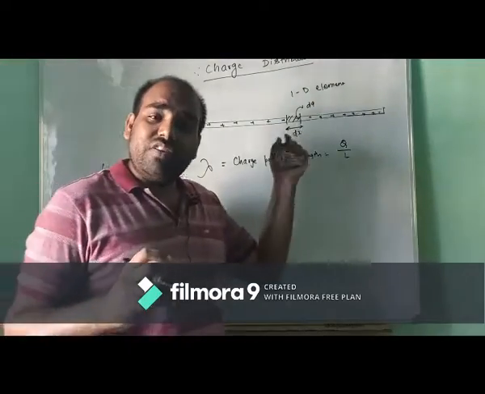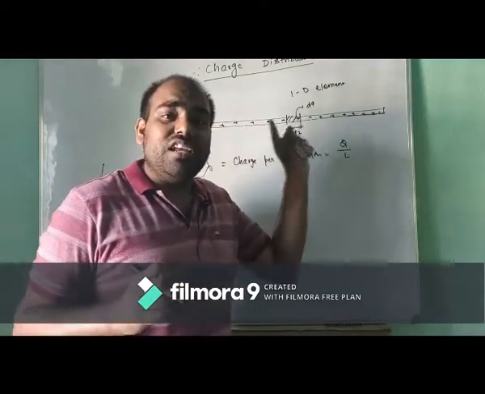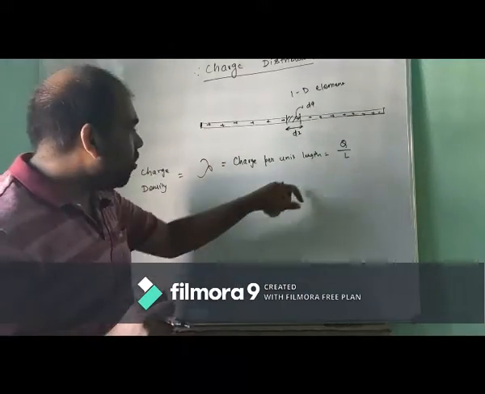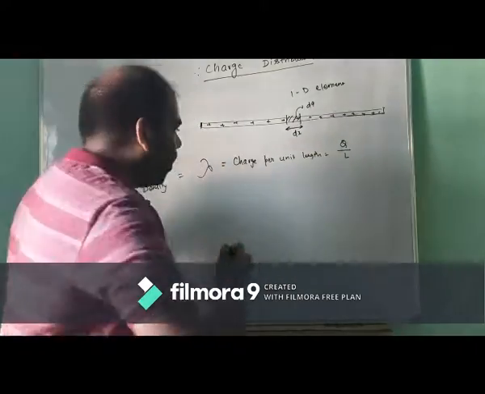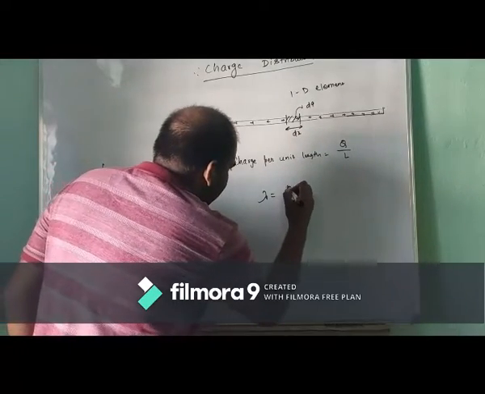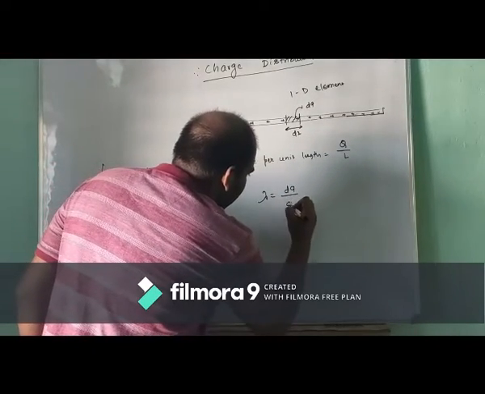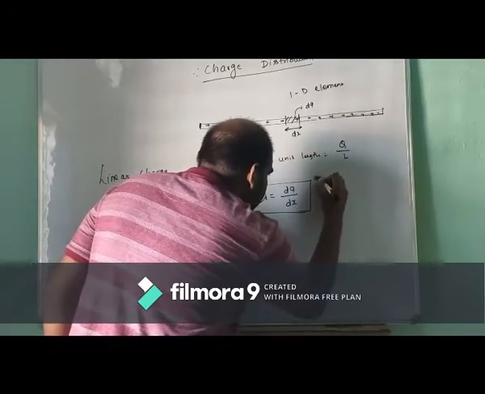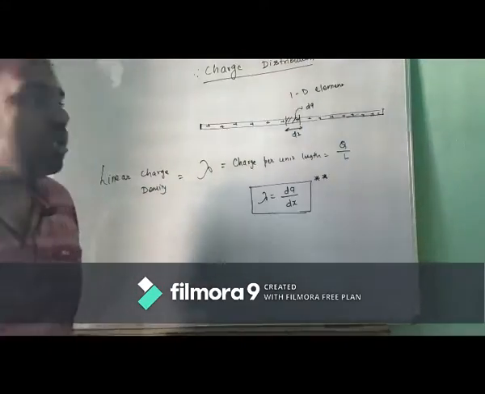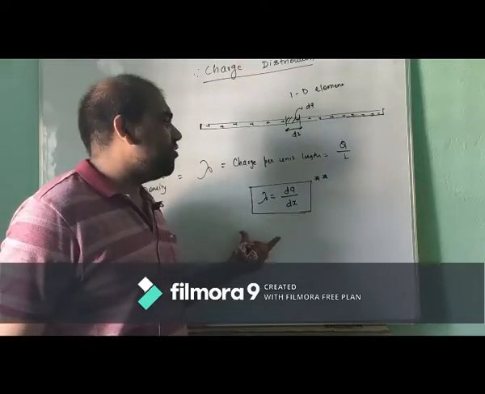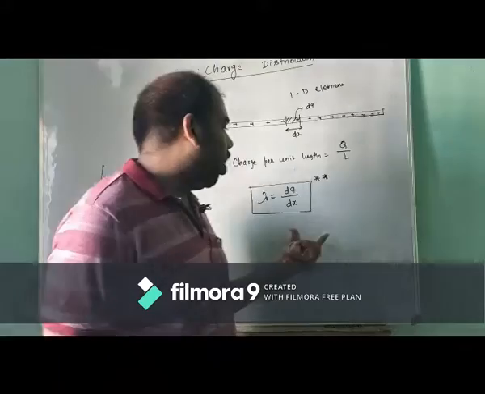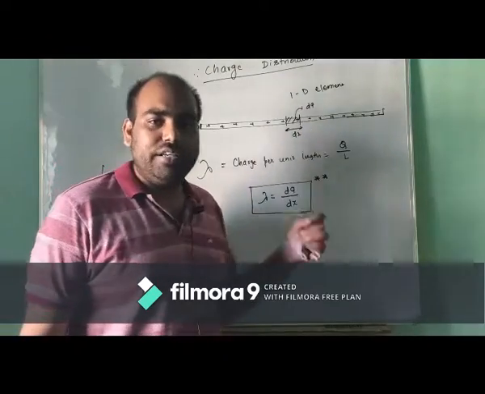In this differential element the charge distribution is uniform, so now we can use this formula. Lambda equals dq by dx. So this is a different way to write linear charge density. Either we can write Q by L or we can write dq by dx.